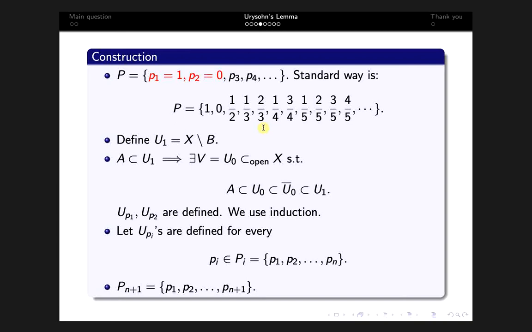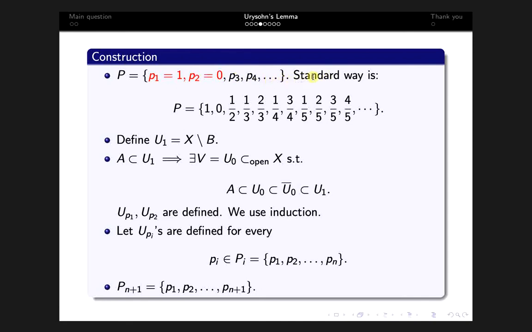As P is countable, we can write the elements of P as a sequence p1, p2, p3, p4, and so on. Without loss of generality, we can keep the first element p1 as 1 and p2 equal to 0, and then p3 could be anything.